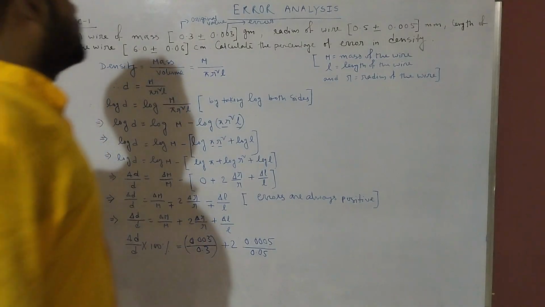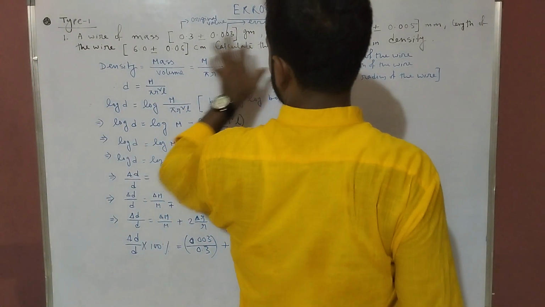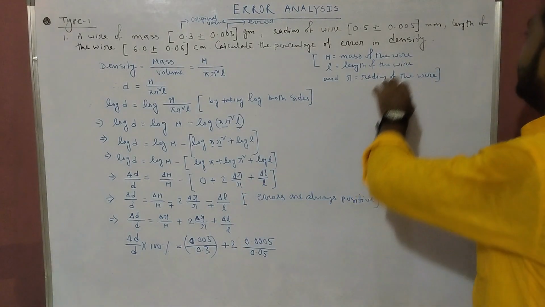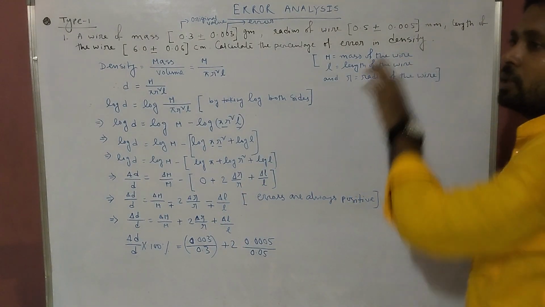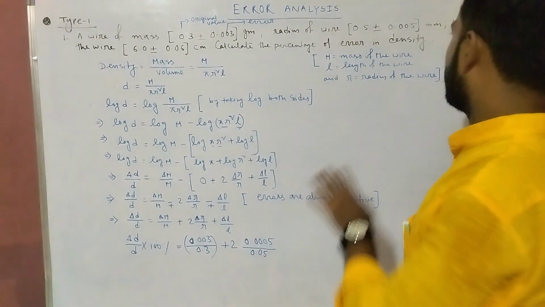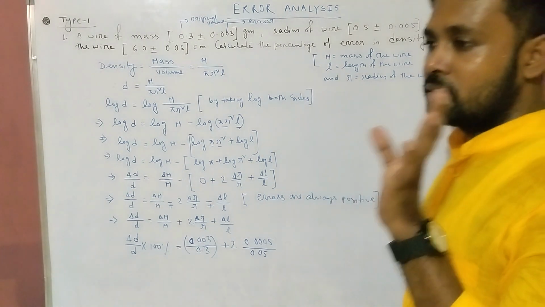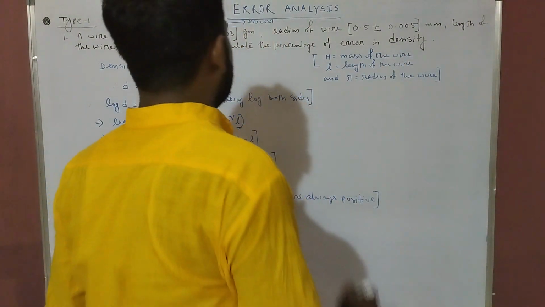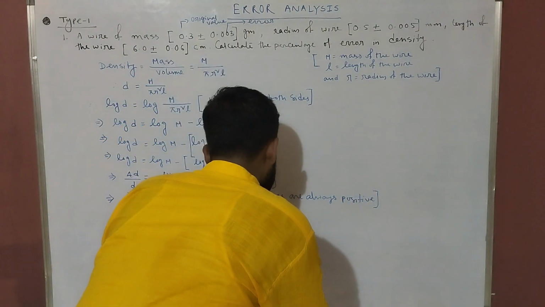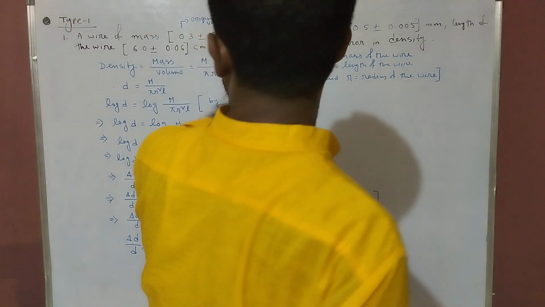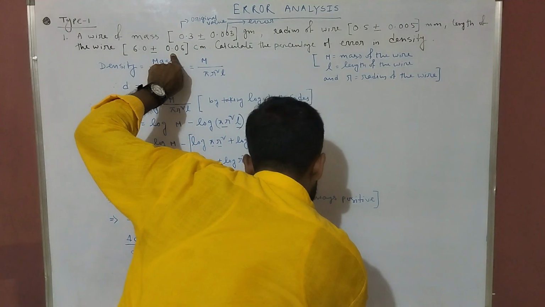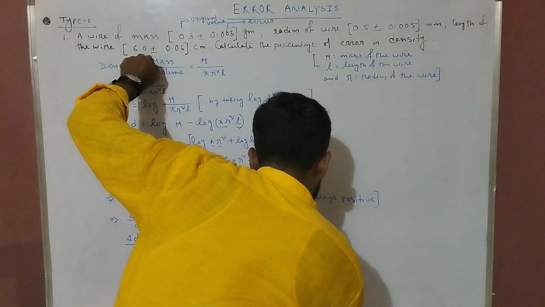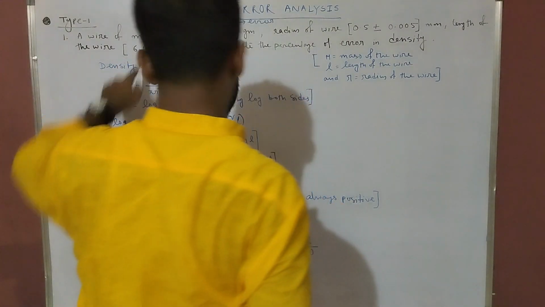So here this is gram, this is centimeter. Already these two are in CGS unit. That's why I convert this mm in centimeter. Now del L means 0.06 and L is 6.0.